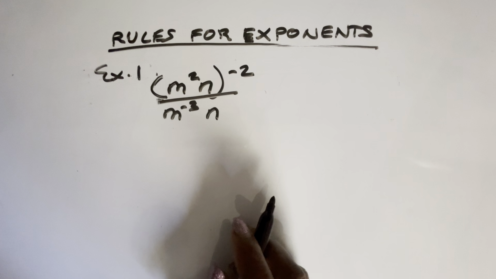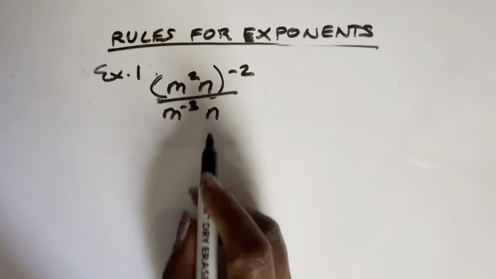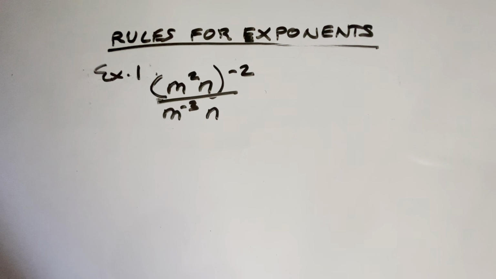Example 1. Supposing we have an expression m squared n to the minus 2 all over m to the minus 3 times n. We're going to simplify this expression step by step. The first step is that we are going to simplify the numerator.